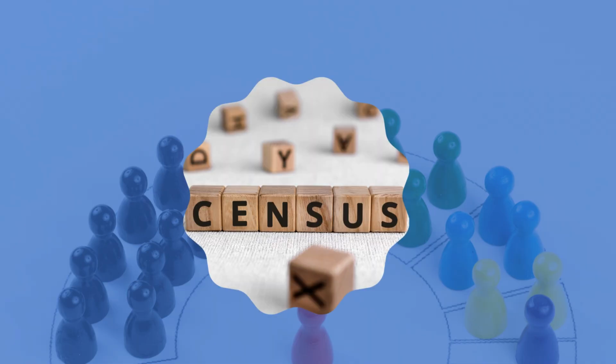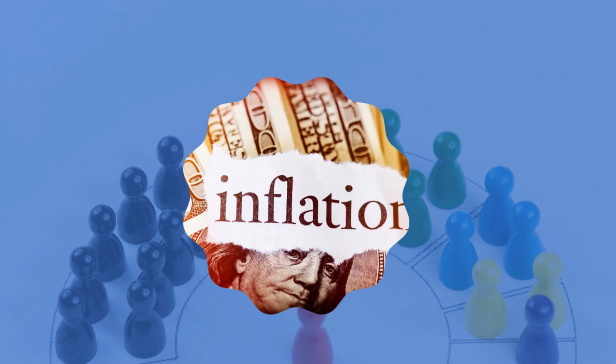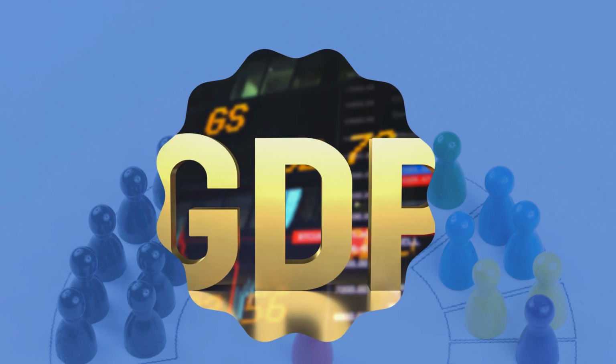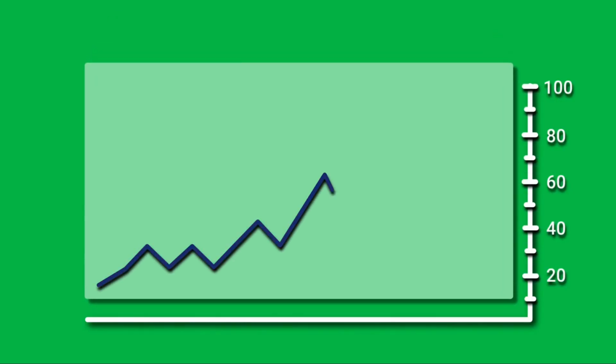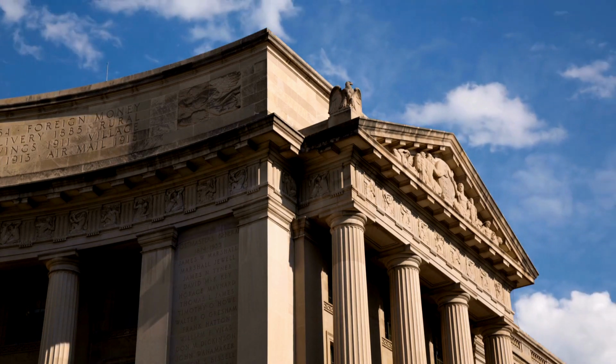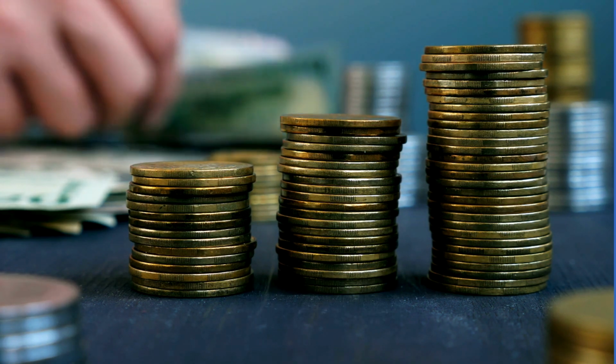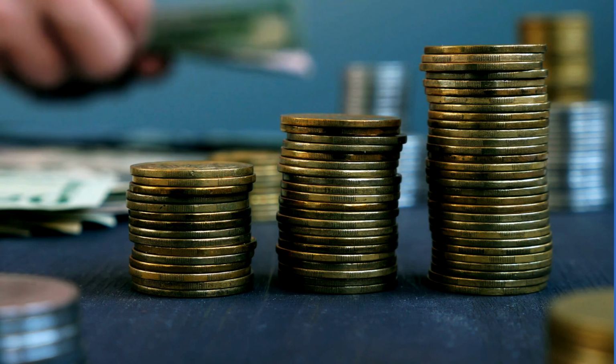They do census, unemployment rate calculations, surveys, inflation, and GDP related data. All of this data is determined with the help of statistical methods. The government of a nation uses statistical data to set minimum wages based on the inflation rate. So these are the major importance of statistical data.